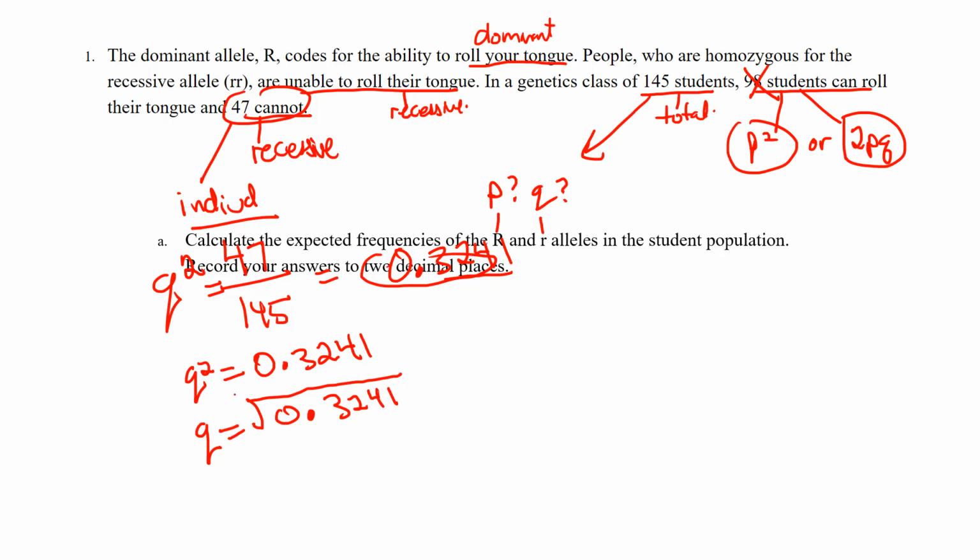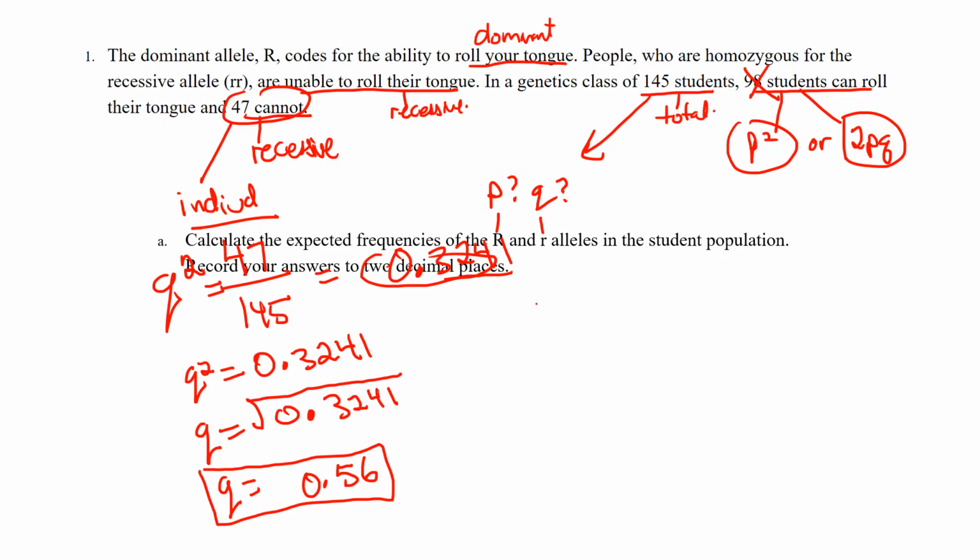The only time we square root is when we want to find a single Q, because we have 2 of them here. So when we do that, Q equals 0.56. Now I rounded this because they wanted that answer in 2 decimal places. So there's my 2 decimal places. That's one of the answers.